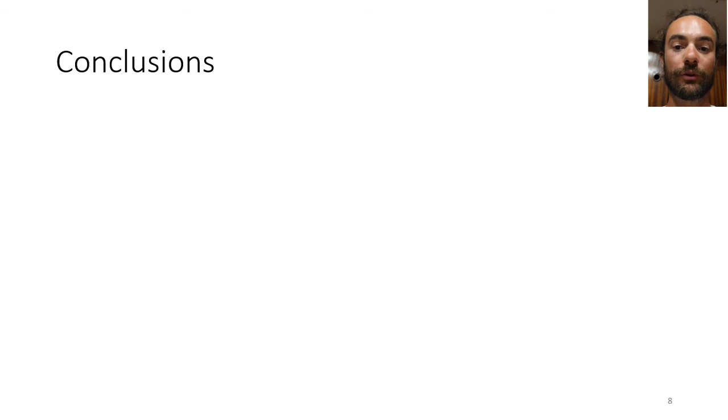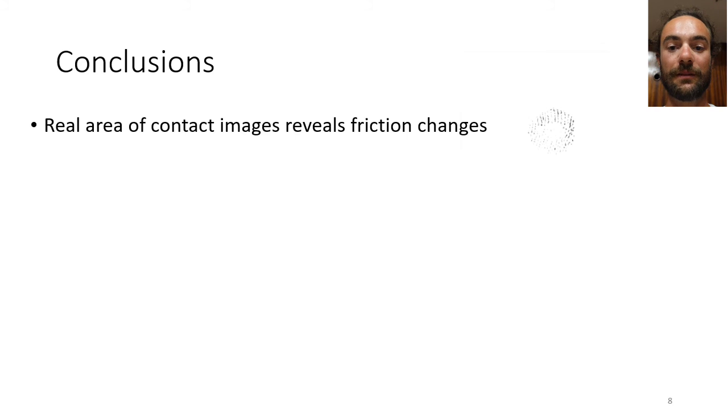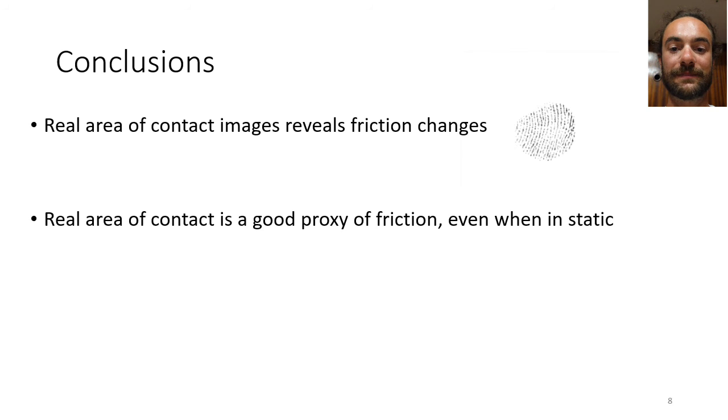To conclude, the real area of contact images help peer into spatial-temporal friction changes. This metric could assess frictional properties before any slippage occurs, even without any tangential force. Also, this metric could describe more locally how the friction behaves. However, the optical method is too bulky to be used for portable haptic devices.